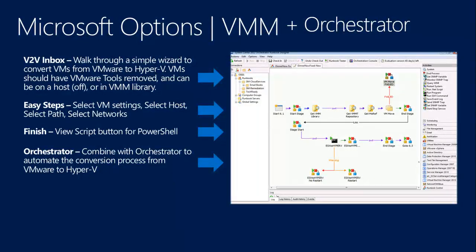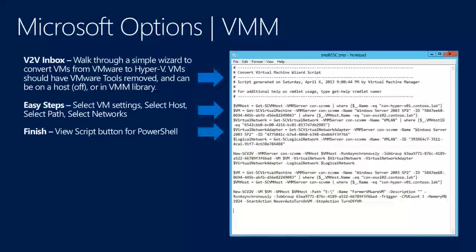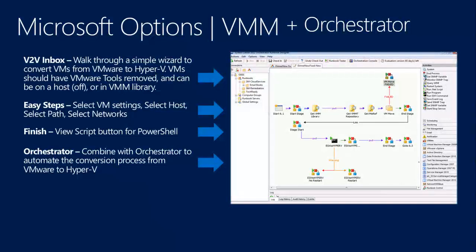So how could I take that a little bit further? How could I automate that in a little bit more of a granular way? I've got that PowerShell output that we saw there, but that's still quite raw. I'll have to take that. I'll have to apply some of my knowledge and IP and understand how I can utilize that in a more scaled way. The alternative to that is start to integrate Hyper-V and VMM with Orchestrator, another component within System Center, where I can build powerful runbooks that effectively do a lot of the tasks, but on a faster scale.